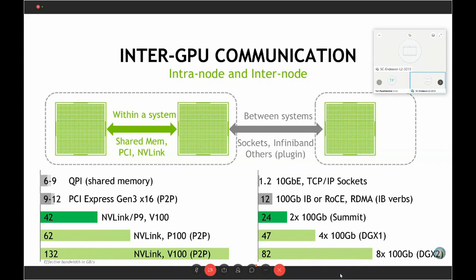Similarly, internode, depending on your network technology, you'll be bottlenecked by that. And you can see there is a wide range of performance between very common systems with 10 gig or 100 gig systems, down to DGX systems that have a very bandwidth-heavy configuration with a lot of NICs.